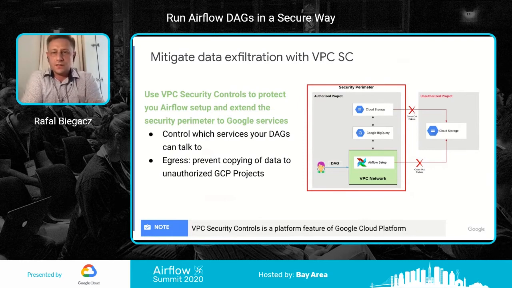You can define such a security zone within which you put all the sources of information that you are handling and processing, the Airflow setup itself, and all other services running on GCP that you are using. As a result, even if a DAG has some compromised code, it won't be possible to copy the data to an unauthorized project. The functionality I'm describing right now is specific to GCP.